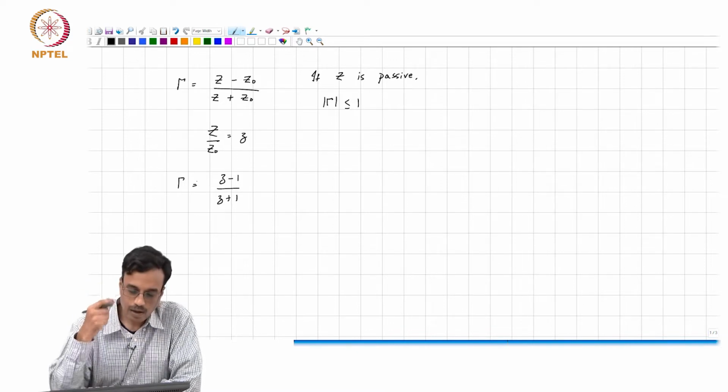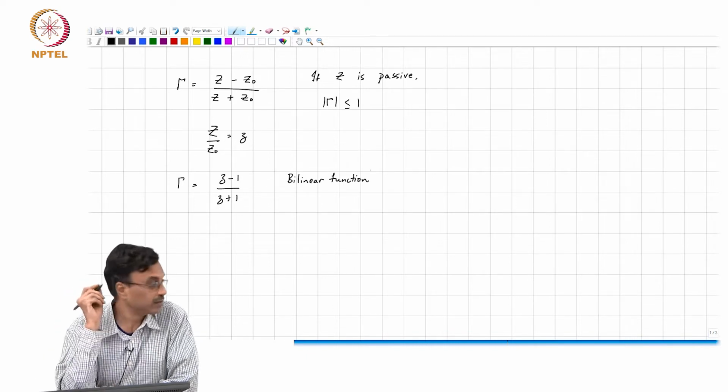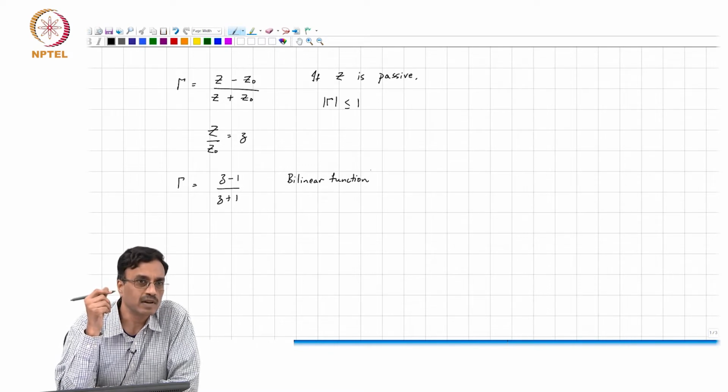Okay, well, this is an example of what is called a bilinear function, which is simply a complicated way of saying that the numerator and denominator are both first degree polynomials in small z.